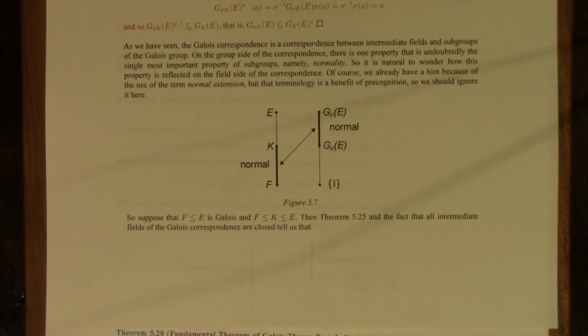I could have used a different term than normality throughout, but normality is a standard term, and so I decided to stick with it. Could have called normal extensions splitting field extensions instead, and then at this point we would tie splitting field extensions to normality on the group side, and then say, well, that's why splitting field extensions are also called normal extensions.